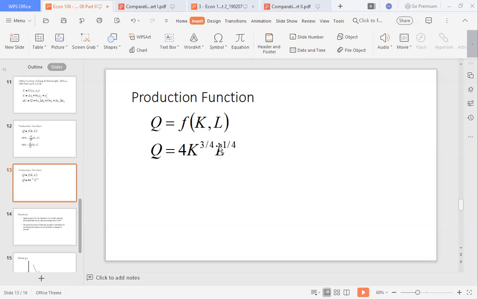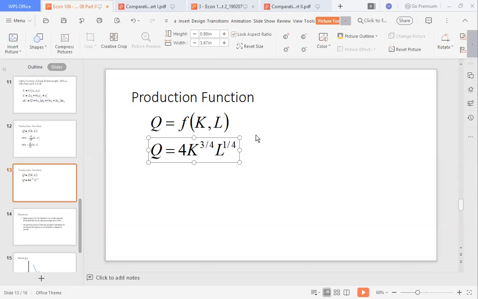So that's 3 over 4 plus 1 over 4, equal to 1. Let's also add to our given: supposing that our K here is 10,000.